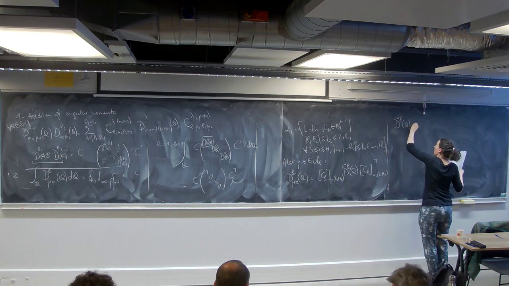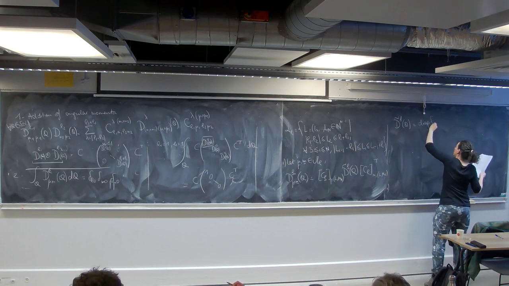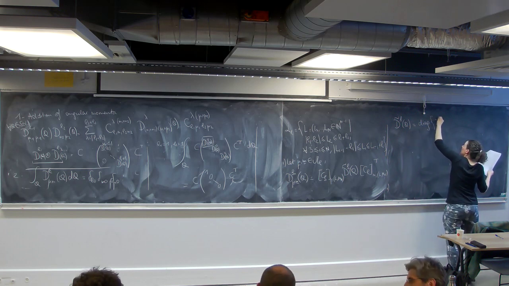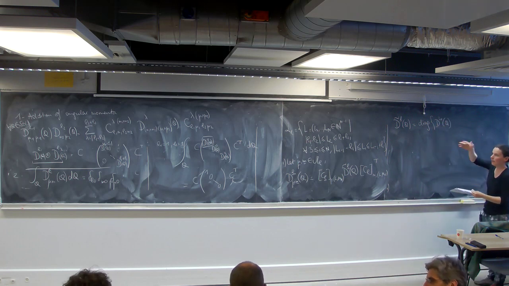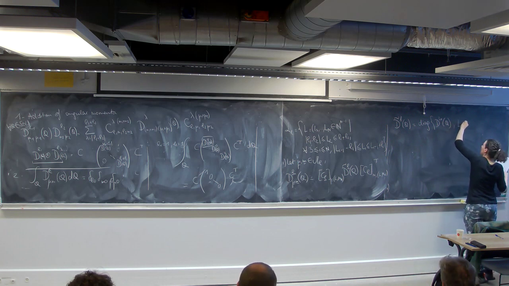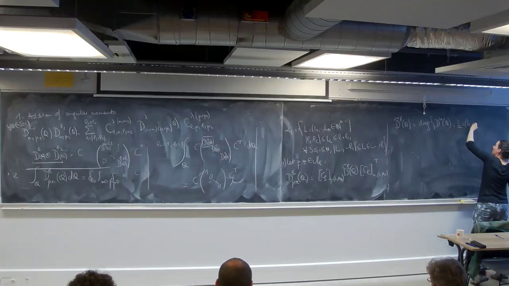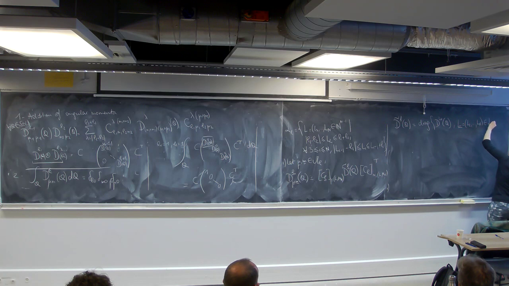D tilde is the block diagonal matrix dln of q, which contains the last index in the decomposition. And so here we have L, which is L2 to Ln.